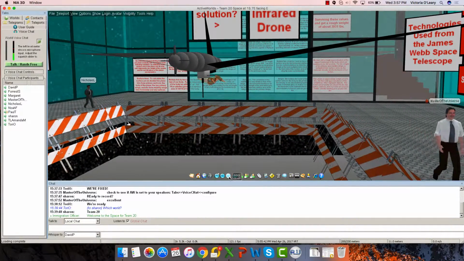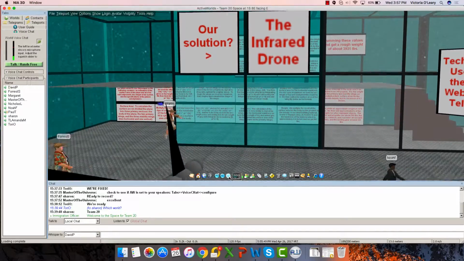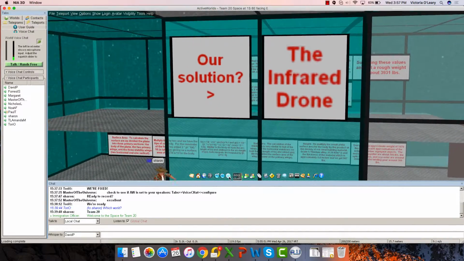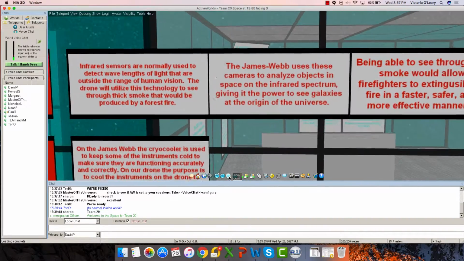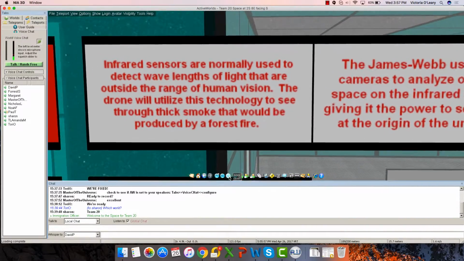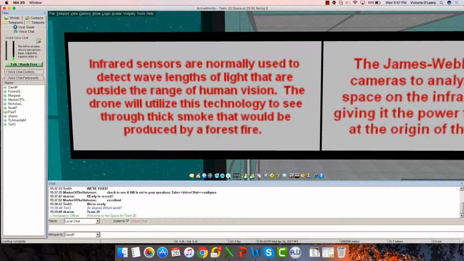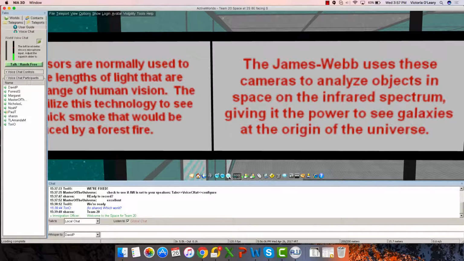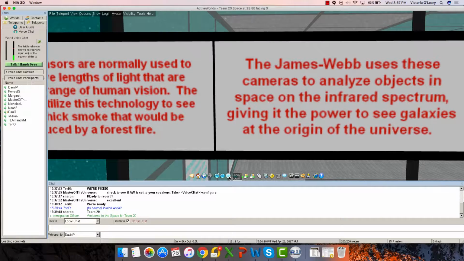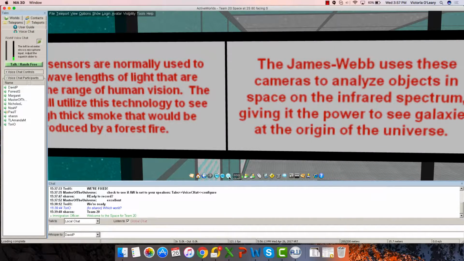So the component of the James Webb Space Telescope that was central to our design were the infrared sensors. We decided to use these in our design because near infrared wavelengths, when being used to look at an area, make smoke invisible, and when looking at an area through mid-infrared wavelengths, it shows the heat of the object.